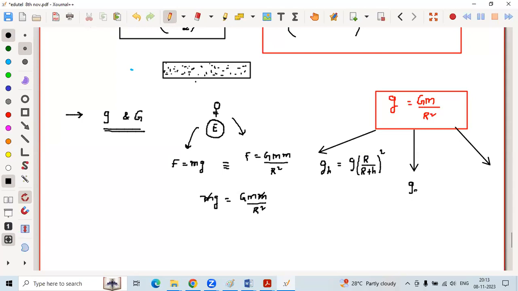Similarly, G at a depth is equal to G into 1 minus D by R. Next, G because of latitude: G at lambda is equal to G minus R omega square cos square lambda.